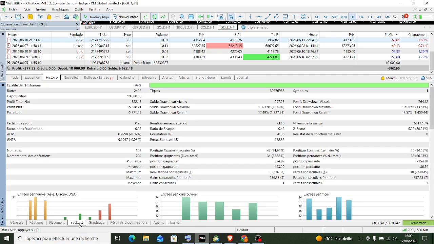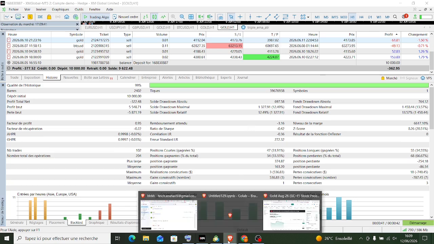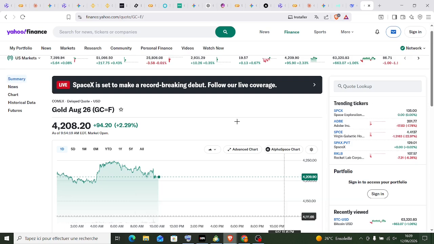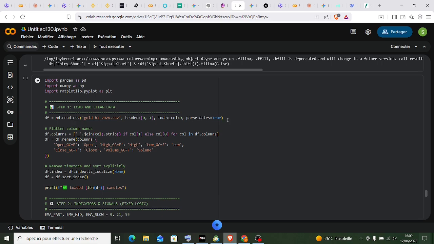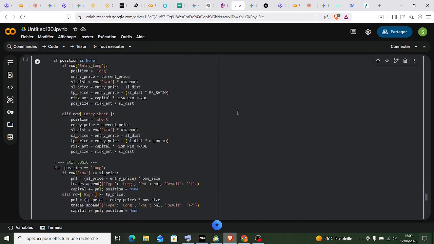But here is where it gets dangerous, because when I moved to Python to debug this, the bot suddenly became profitable again. I took the exact same Python logic we built in parts 1 to 4, and I fed it gold data downloaded from Yahoo Finance. The results completely shocked me.